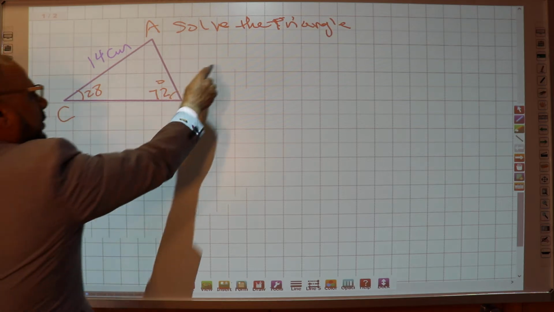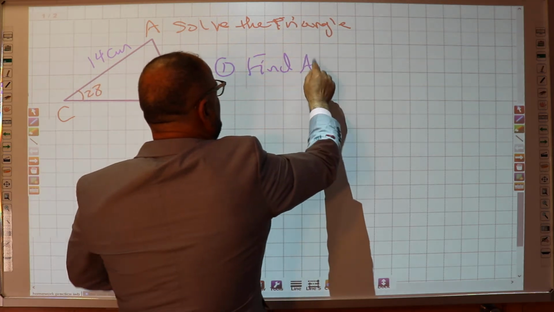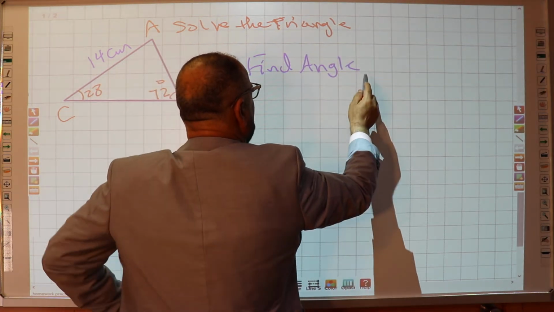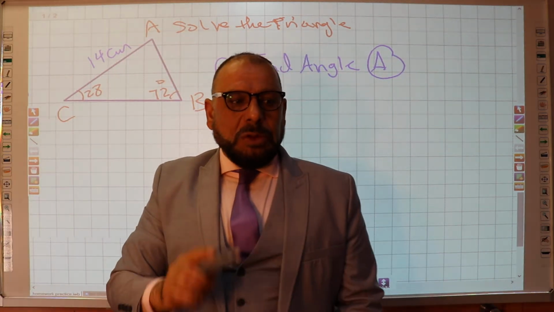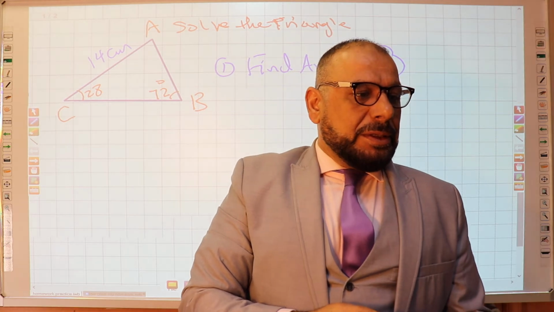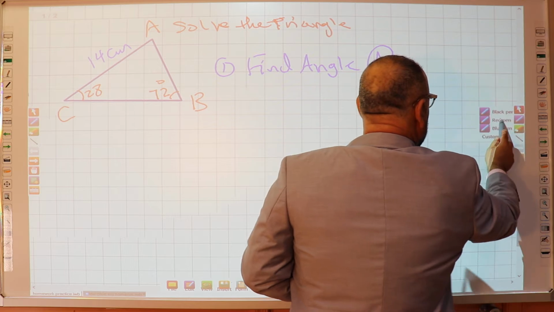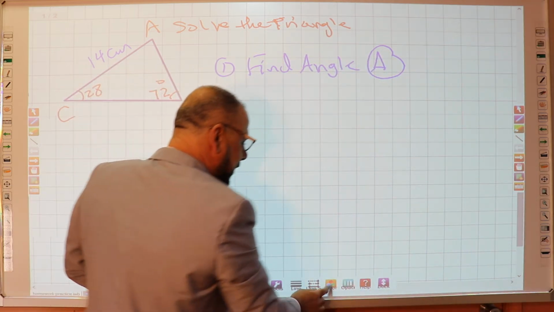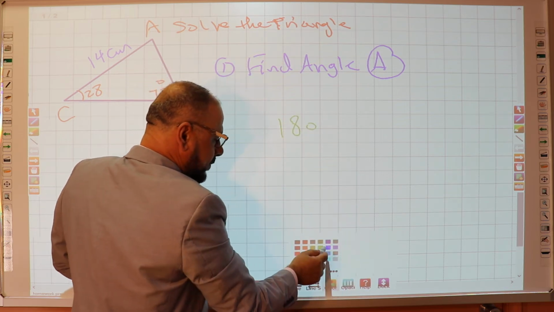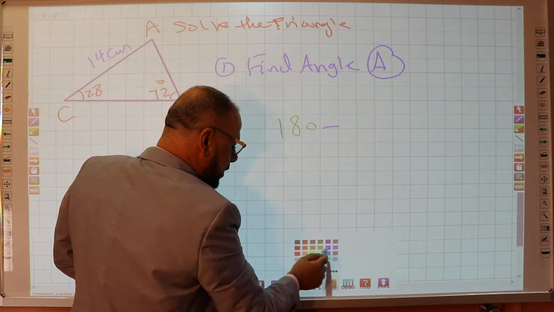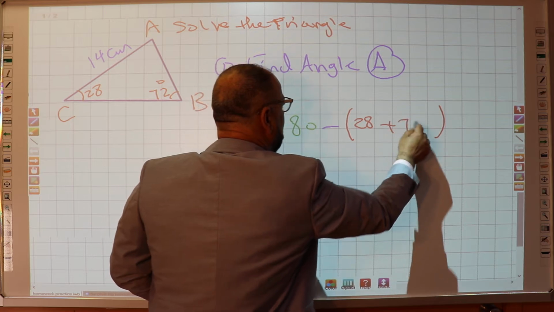Find angle A. How can you find angle A? By adding what? 180. The sum of all the angles is 180, right? Minus these two angles, which is 28 plus 72.